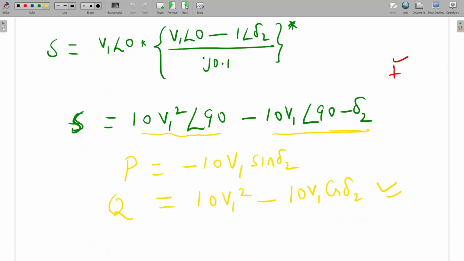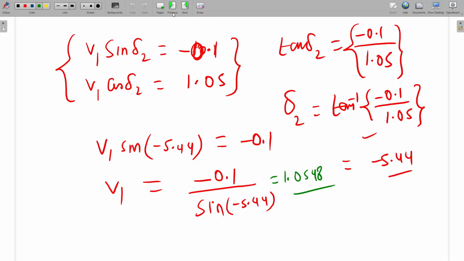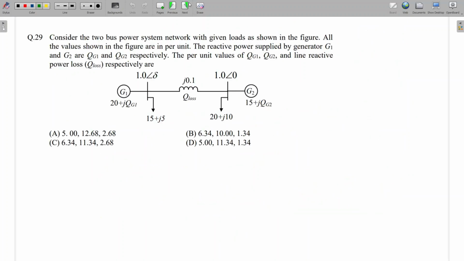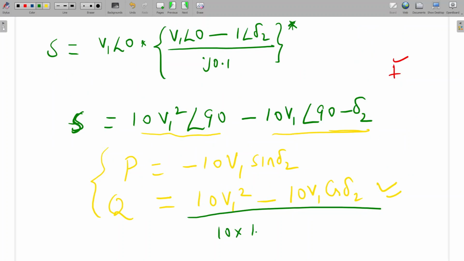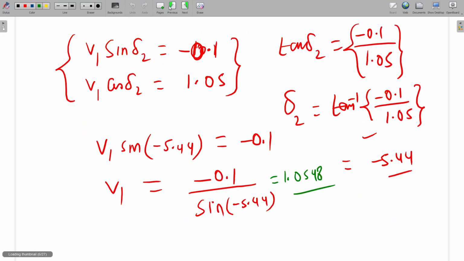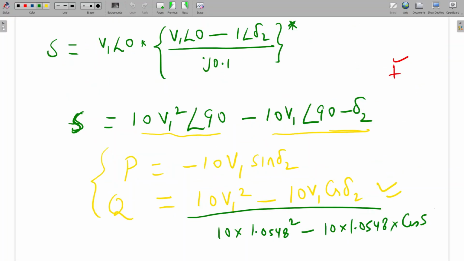Is it clear? Clear. So we can calculate this reactive power. V1 we already got. How much will it be? 10 into 1.0548 whole square minus 10 into 1.0548 into cos 5.44.